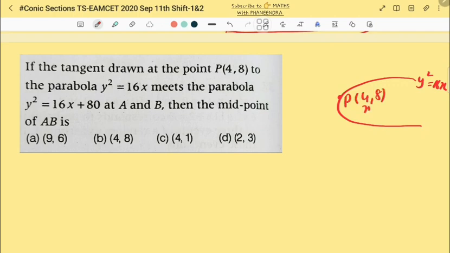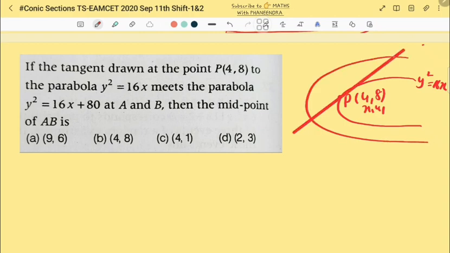This is x1, y1. The tangent equation is there like this. Another parabola is there. This is the midpoint of the chord. It cuts at the points A and B. Midpoint of the chord's formula, S1 is equal to S double 1 for the given parabola.